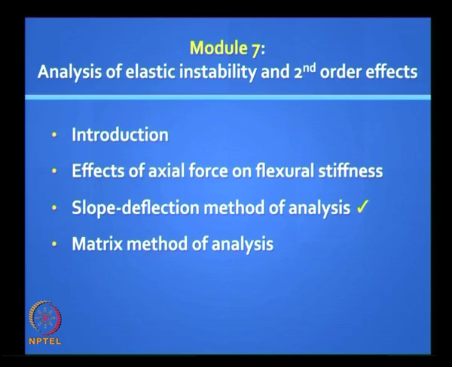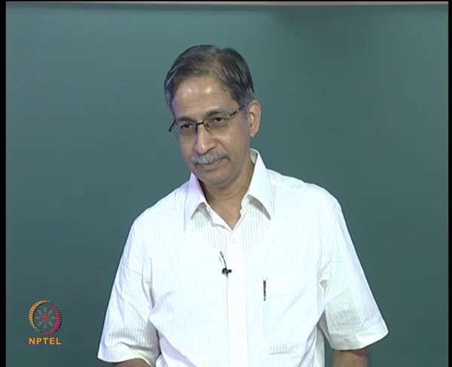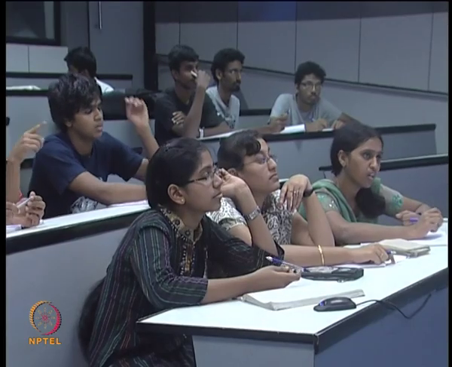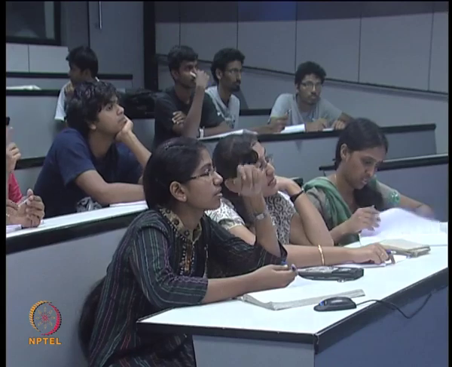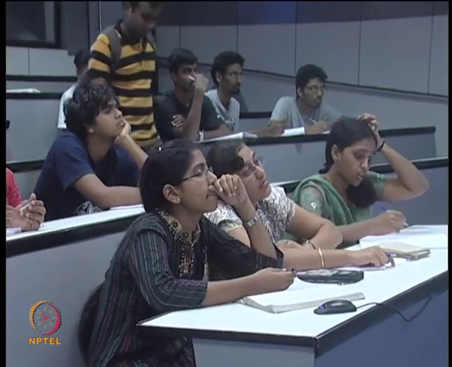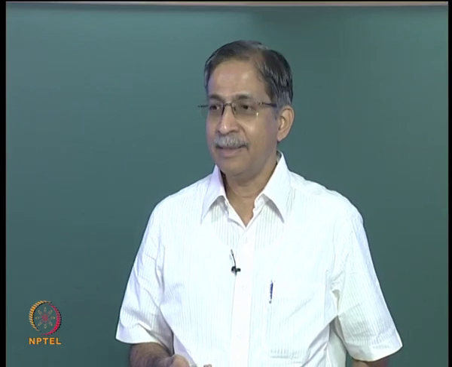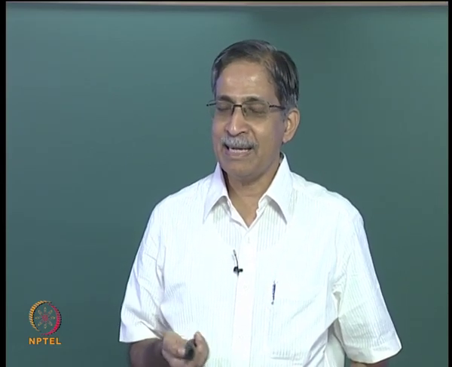No, that is to judge whether you need to do second order analysis, but to actually do it you need P critical. Why do you need P critical? So we will see that you need to know the critical buckling load in order to do second order analysis. Yes, because P delta comes into play.